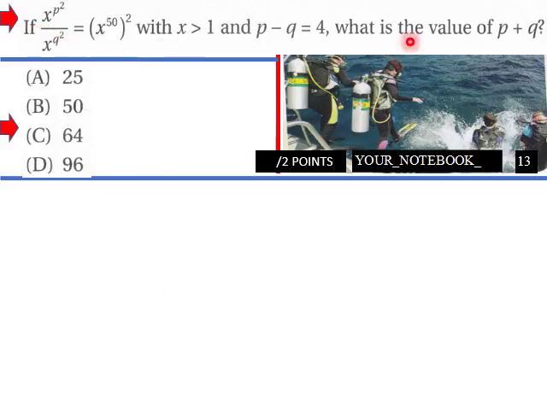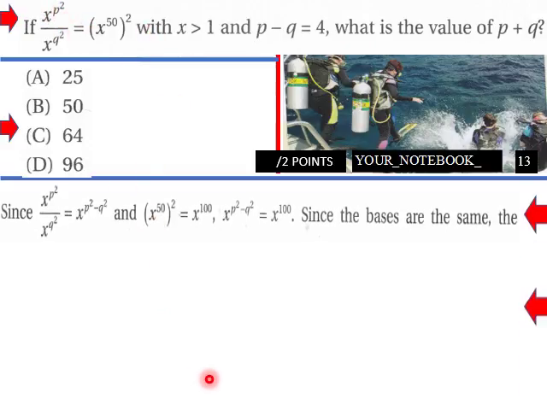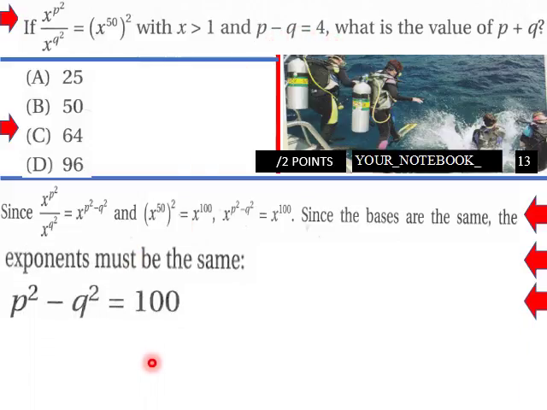So to solve this, what is the value of p plus q? We need to solve for p plus q. We have this here, then we plug in. If x is greater than 1, p minus q equals 4. p squared minus q squared would have to equal 100.